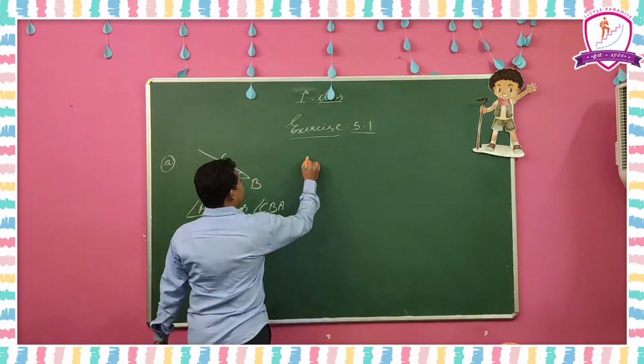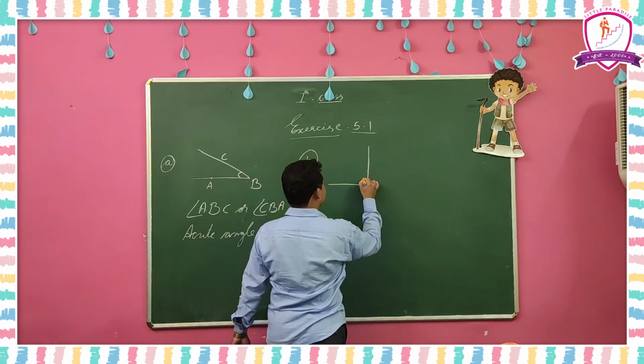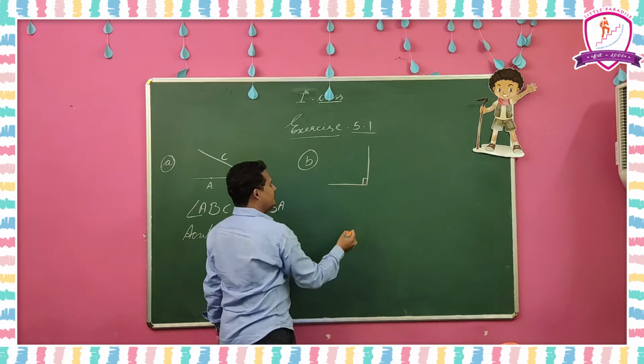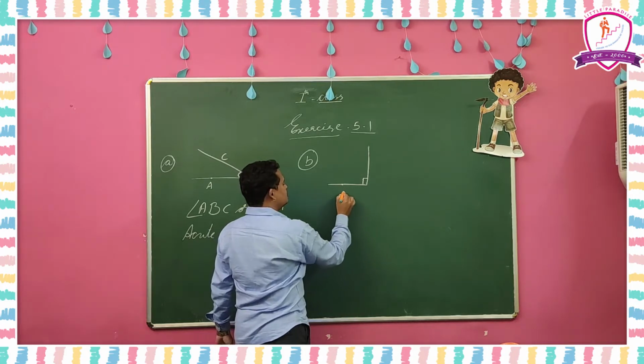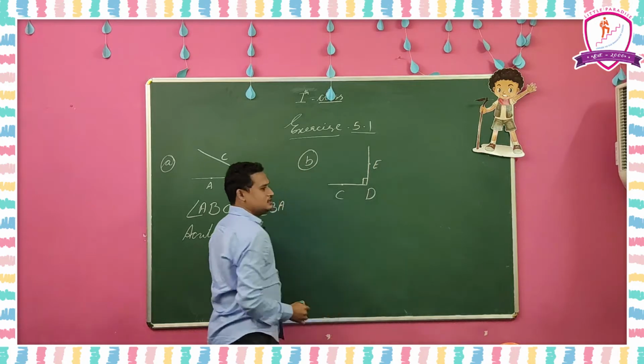Next, observe the second one here. Give any names for this: C, D, E. Like this you have to give.